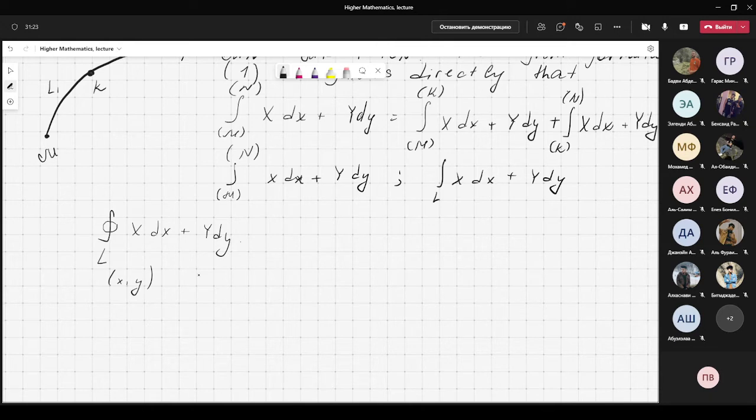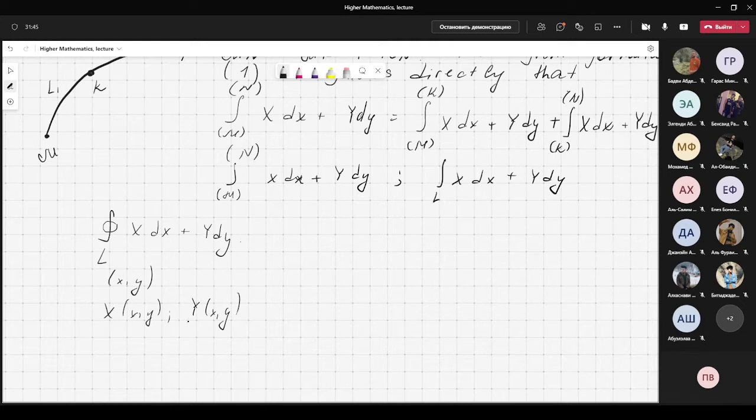The projections of the variable vector F on the coordinate axes are equal to the scalar functions X of x, y and Y of x, y.